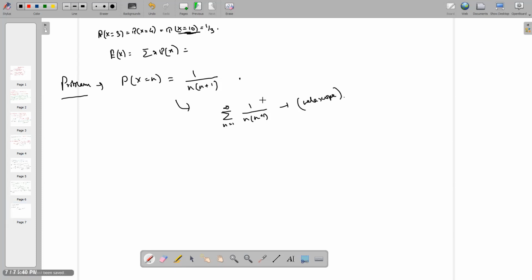So what is expectation of x? Is it half?